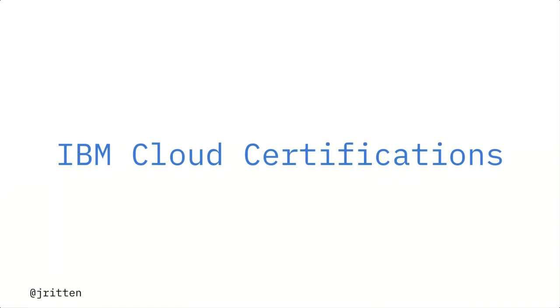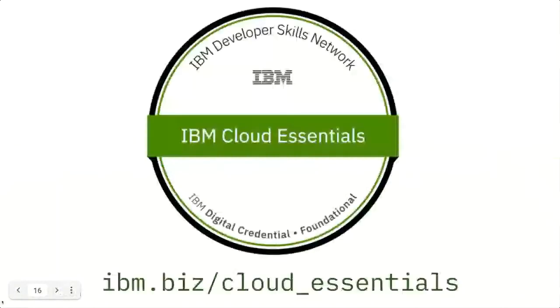So this is a really nice way to really understand the different pieces, what's going on, why we're doing things this way. So the first badge I have here for you is the IBM Cloud Essentials badge. This will allow you to relate how IBM Cloud enables different service models: IaaS, PaaS, SaaS. There are all these acronyms that we throw around a lot, so one of the things I like to do is make sure that I'm constantly using the acronyms in their full terms so that we all can understand them.